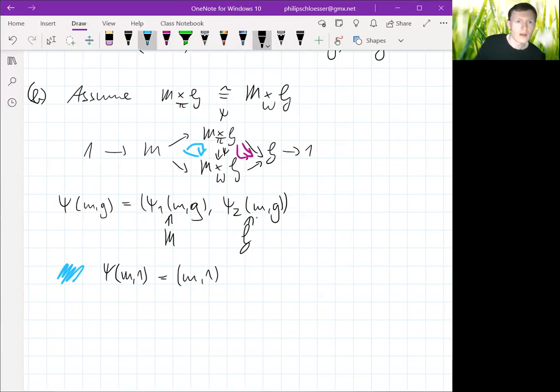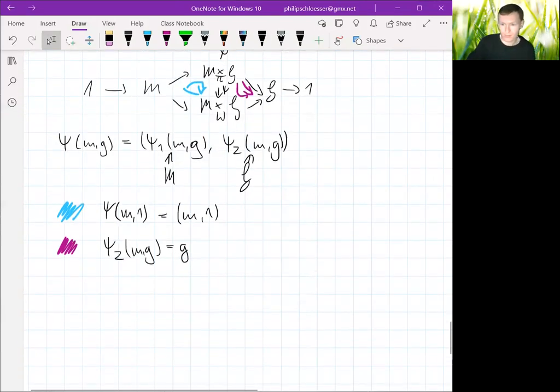And secondly, the second equation tells us that psi2 of mg is equal to G. And I guess the next challenge is to write the general psi mg in terms of psi m1.